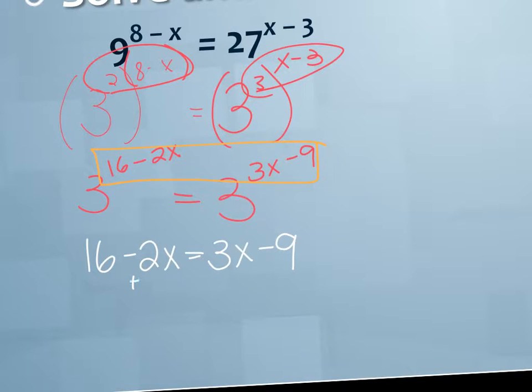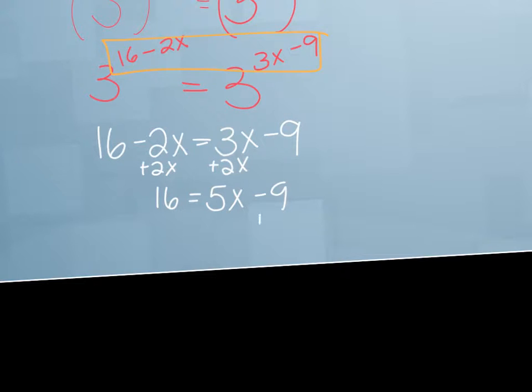And solve for x. So add the 2x. And then add the 9. And divide by 5.